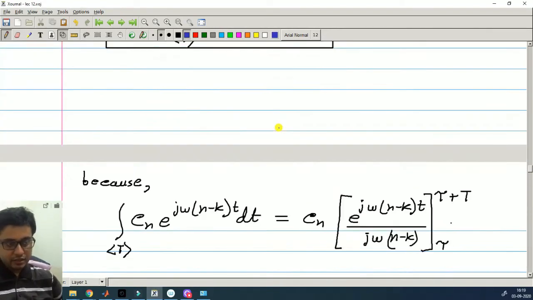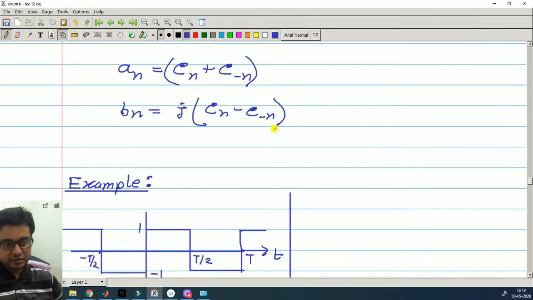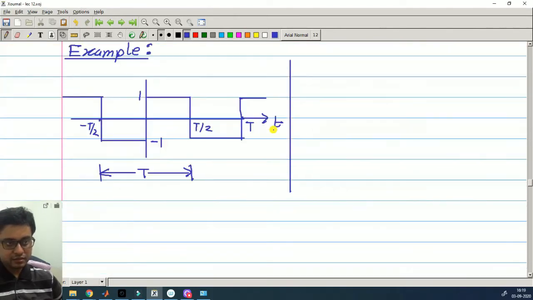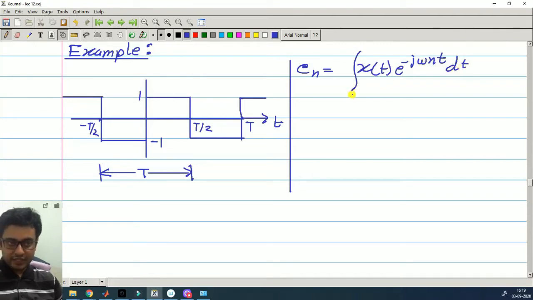Okay, so Cn is equal to xt e to the power minus j omega n t integrated over a complete cycle and then divided by the total time period.